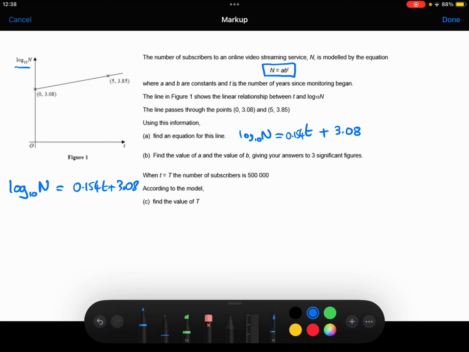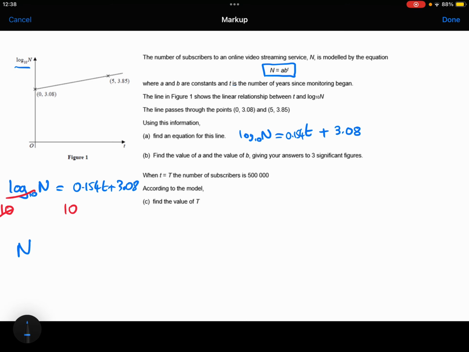I'm going to take that and I'm going to do 10 to the power on both sides. So 10 to the power on the left-hand side and 10 to the power on the right-hand side. The reason why I'm doing that is on the left-hand side now I'll have 10 to the power of log base 10. They're going to cancel out and just leave me with the n at the front, which was what I needed.